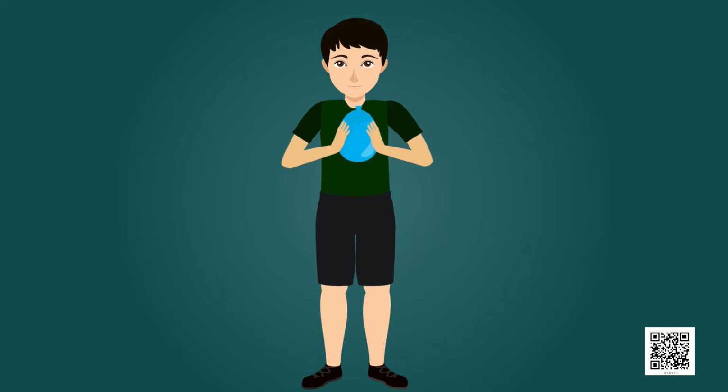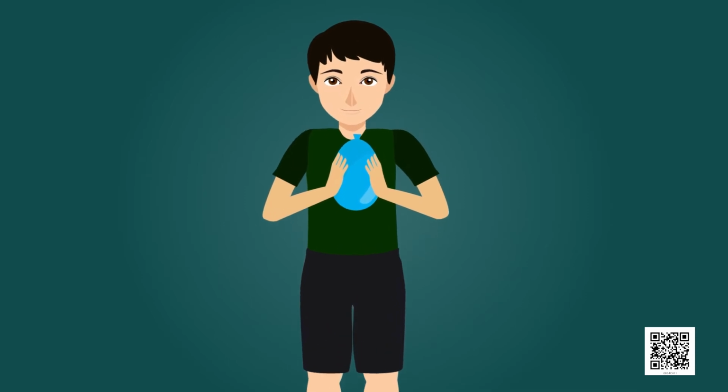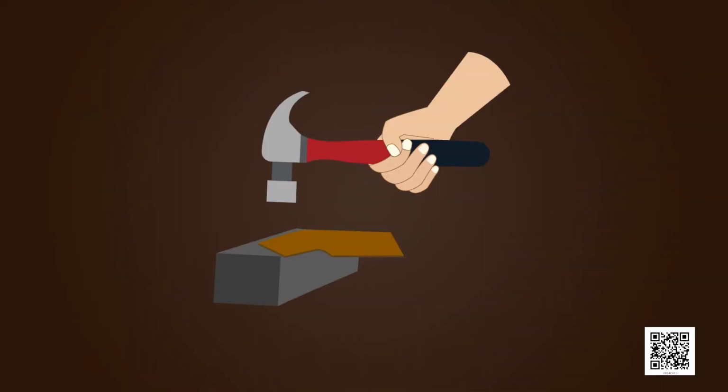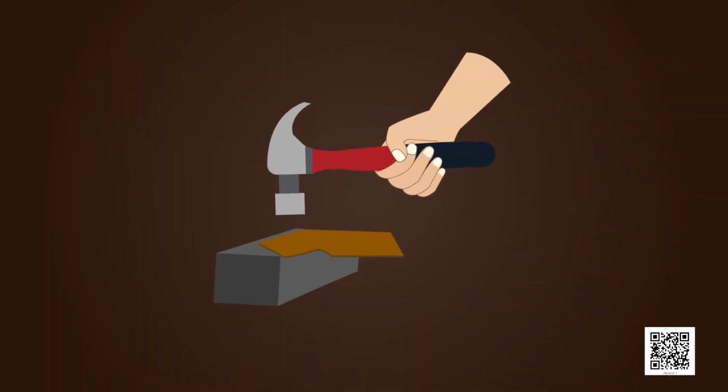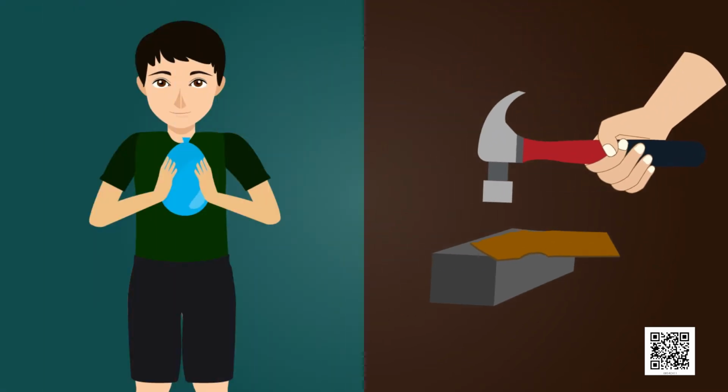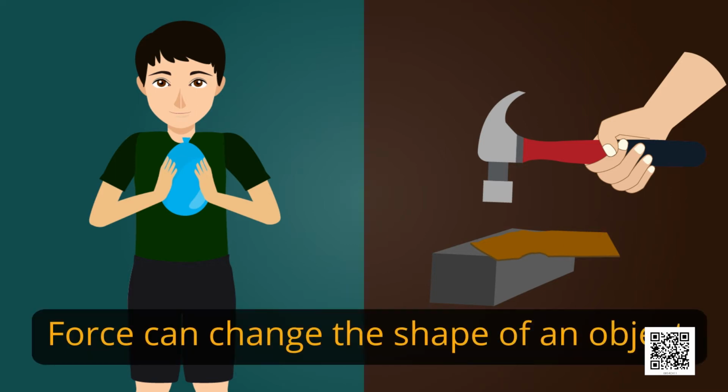When you blow air in a balloon, you will observe a change in its shape. Similarly, an iron plate can be deformed on hammering. From these examples, we can conclude that force can change the shape of the object.